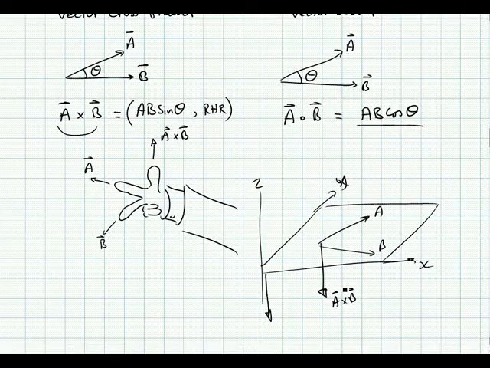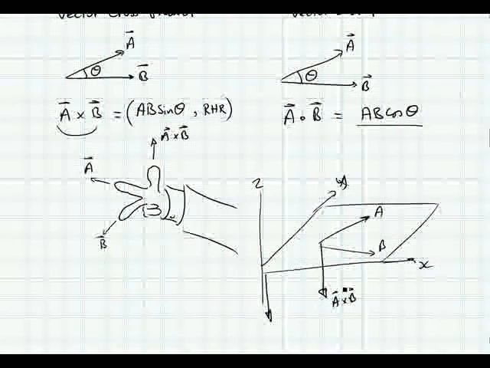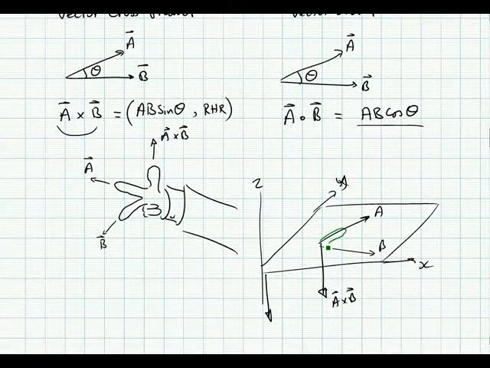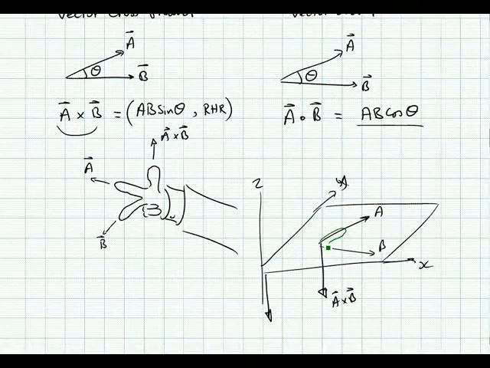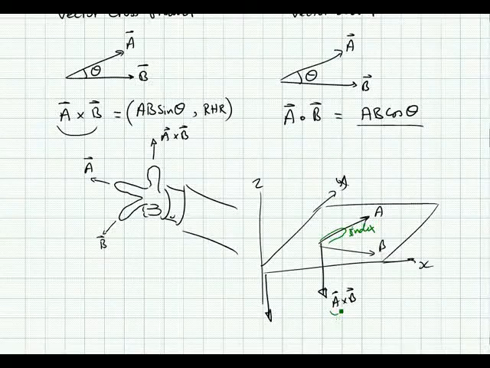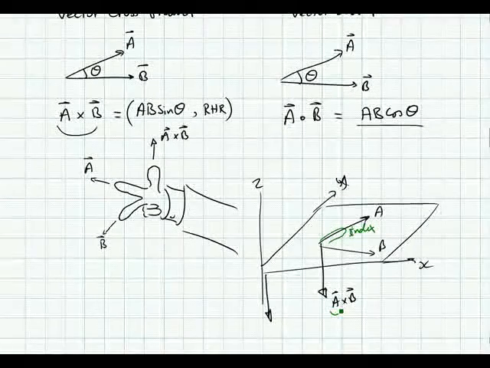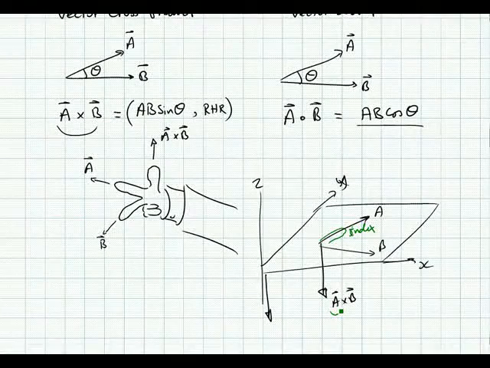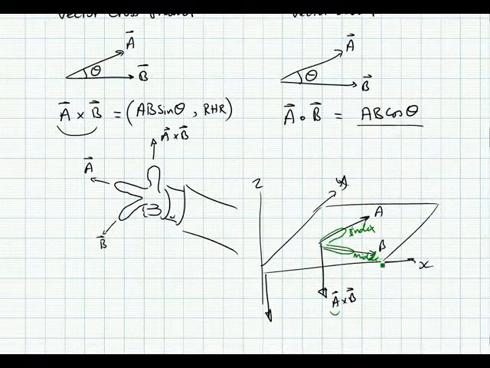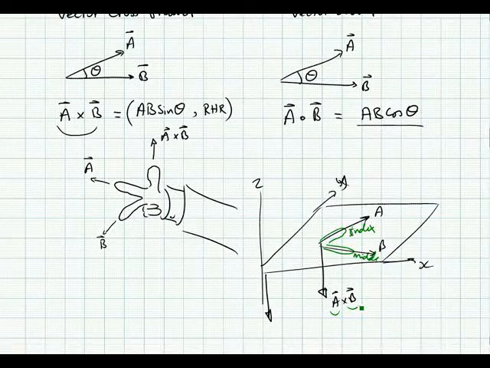So once again, using your right hand, position your index finger along the first vector in the vector cross product, then your middle finger along the second vector in the cross product.